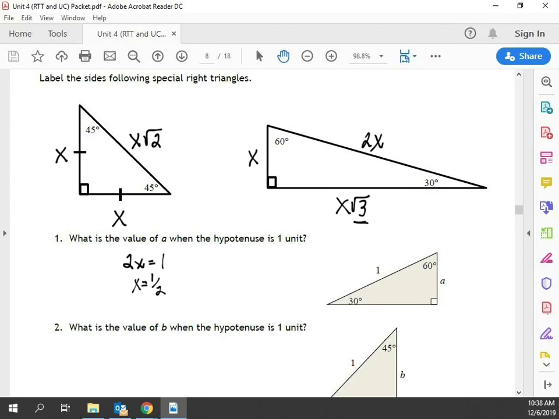So a, which is located across from 30 degrees, is 1/2. Well, for grins, let's say, what is going to be the length of the side across from 60 degrees? 1/2 times the square root of 3, or if we write that a little bit better, root 3 over 2.